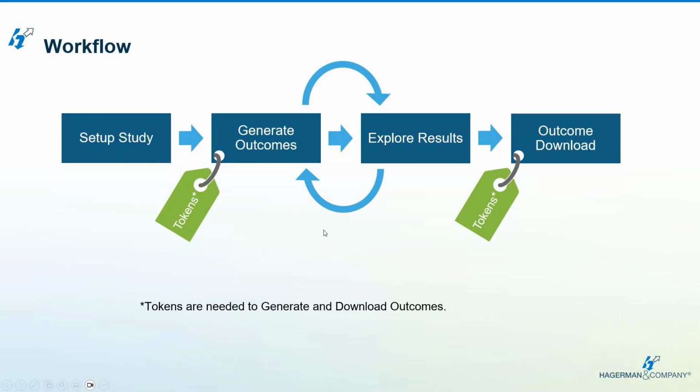And if you're interested in more about that, you can reach out to us. But for generating the outcomes, it does use those, and we can explore those results after it's been generated. And then if we want to pull one of those outcomes out and actually use it inside of one of our assemblies or designs, it does take a couple of tokens to then generate that file out for that outcome.